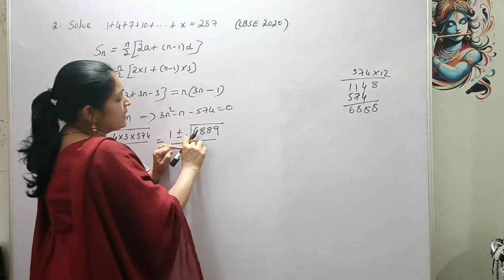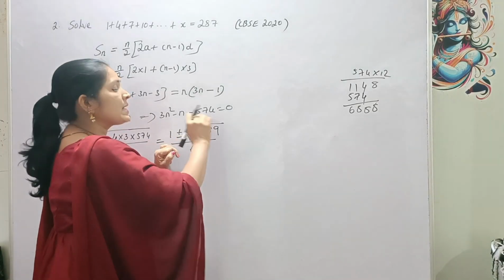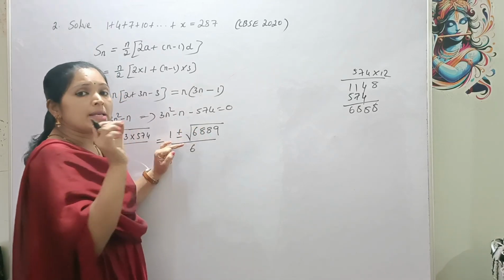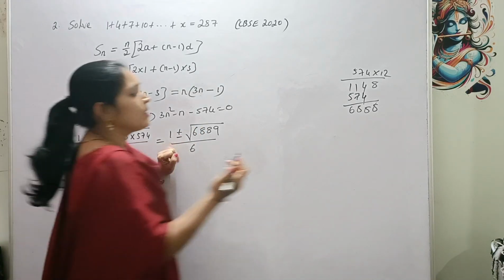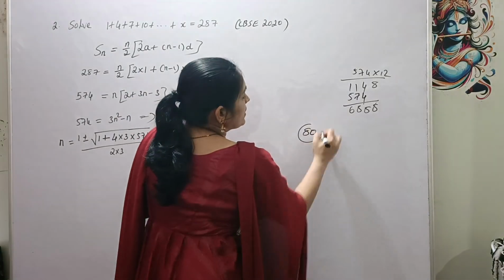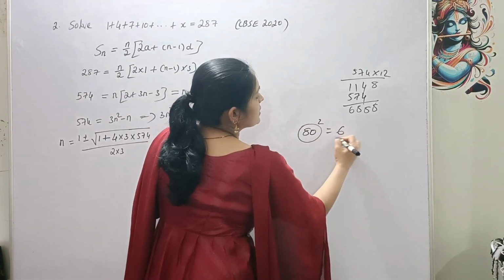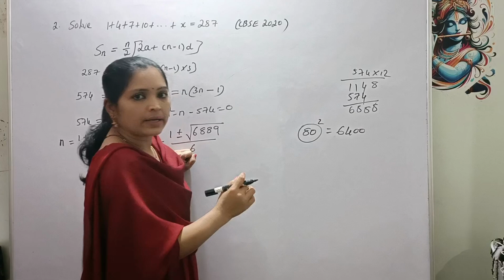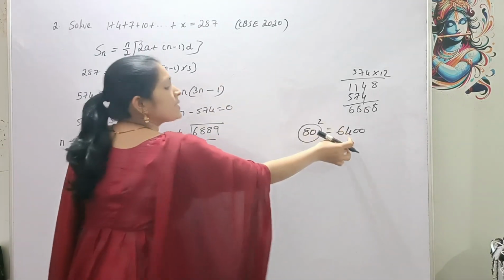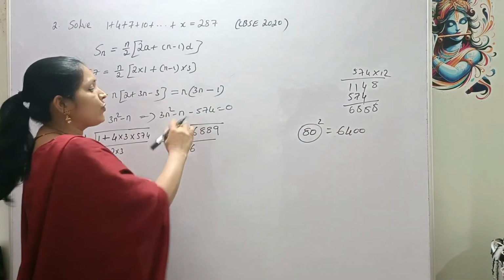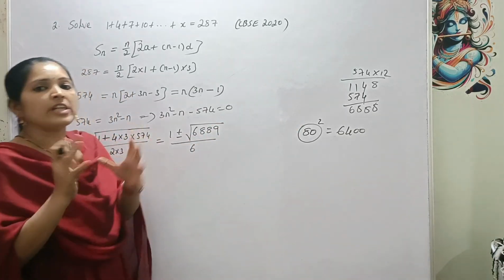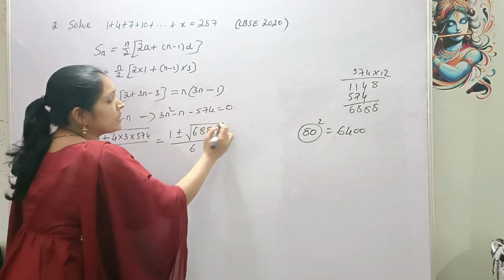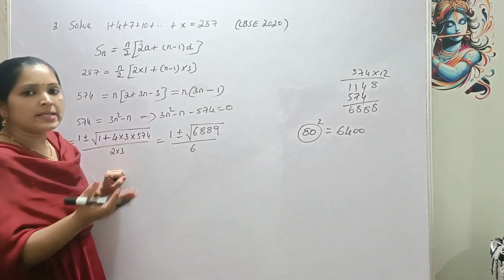See, we know that 6400 is the square of 80. Right? 8 8s are 64. See, 80 square is 6400. And 6889 is greater than 6400. Therefore its square root must be greater than 80. And which number? See, here the last digit is 9. Right? So 3 3s are 9.